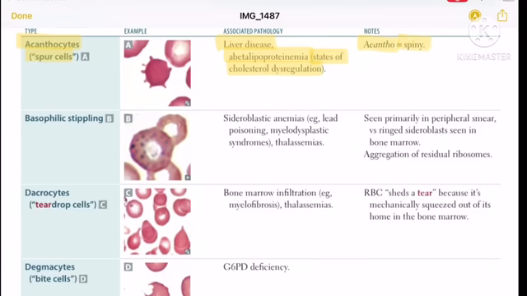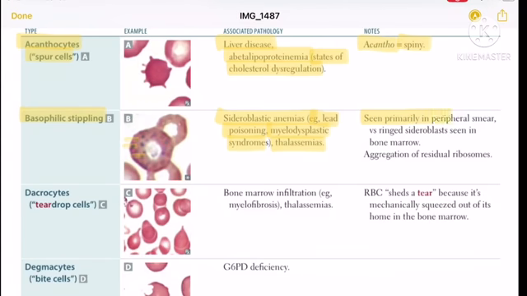The second pathology is basophilic stippling. We can see blue spots in the RBC. We see basophilic stippling in sideroblastic anemia, for example lead poisoning, myelodysplastic syndrome, and thalassemia. They are pathognomonic for these diseases.